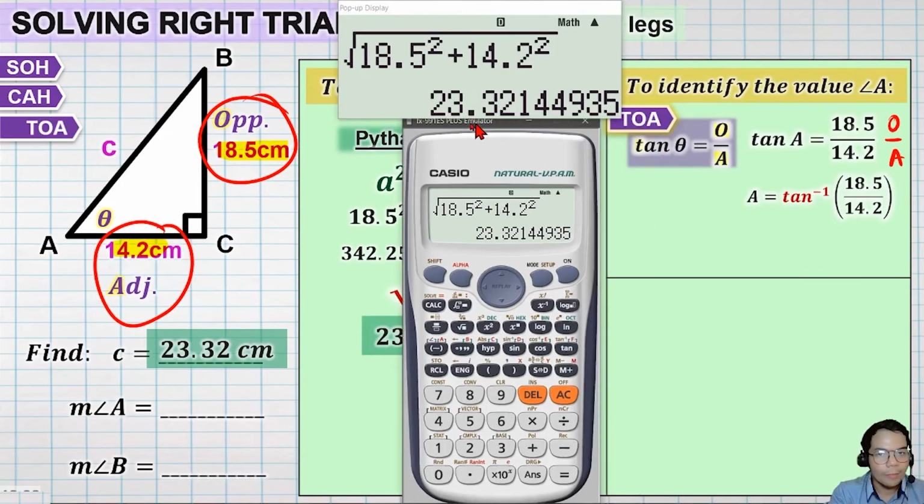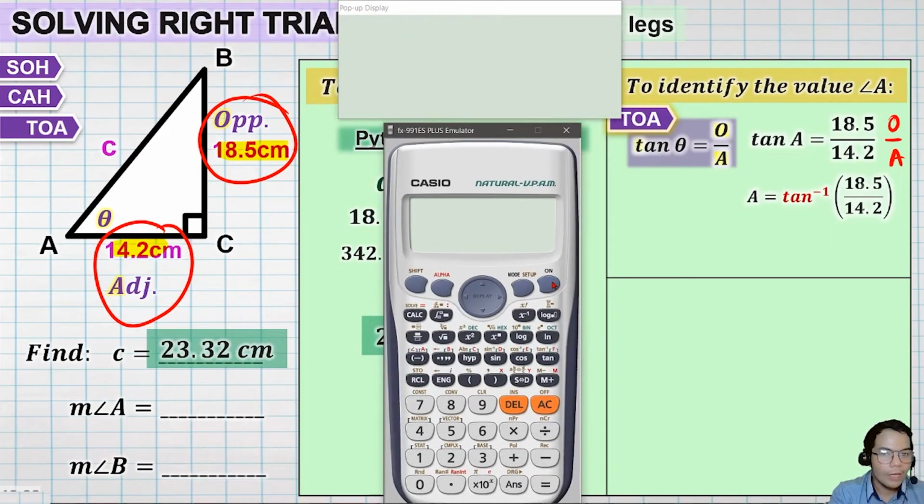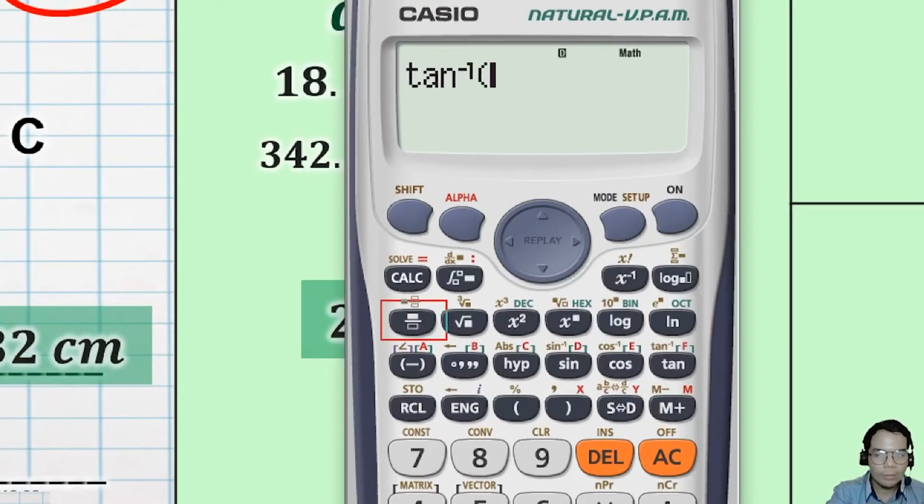Now, you can type this already on your calculator. So, paano natin ipapakita yan sa scientific calculator natin? Katulad lang din ng ginagawa nyo kanina, shift, then tan. So, magiging tangent raised to -1 of 18.5 over 14.2. Kung nahirapan kayo hanapin yung function na katulad nito, yung fraction, for the others, I think if you're using the app, you can use d over c.